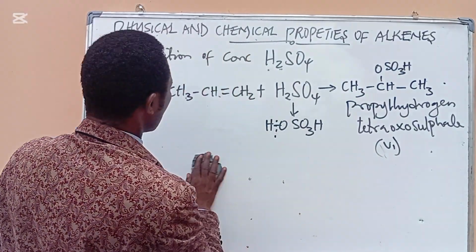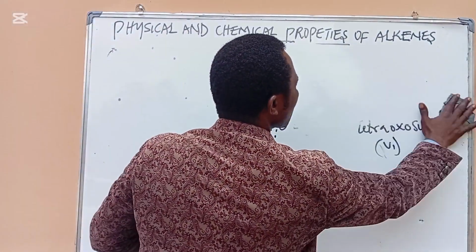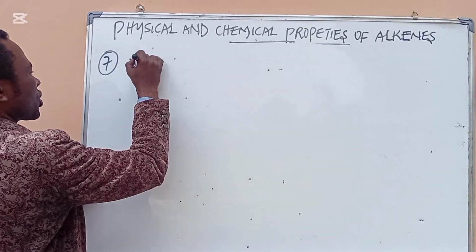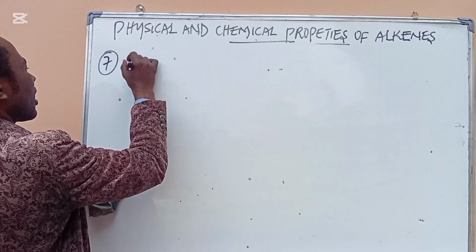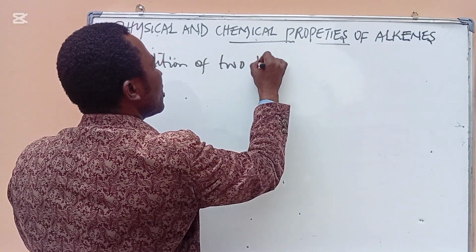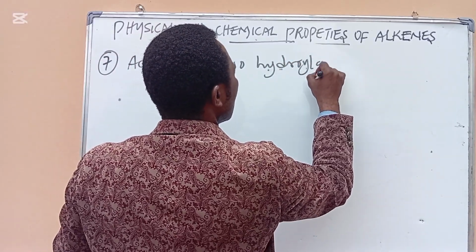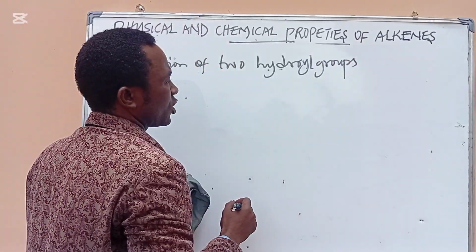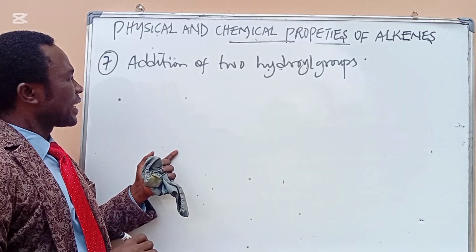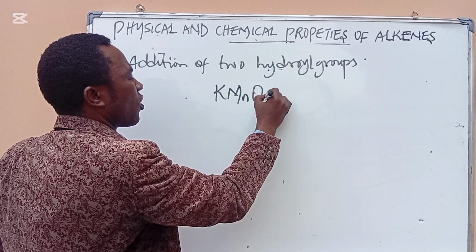Then we can also take the seventh reaction. Number 7 is the addition of two hydroxyl groups. What happens is that alkenes can react with KMnO4 solution.